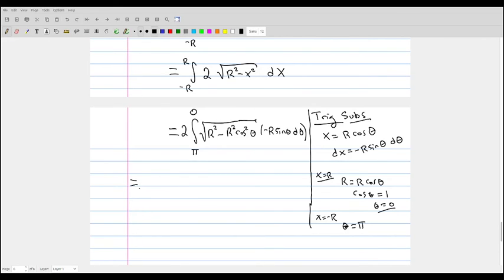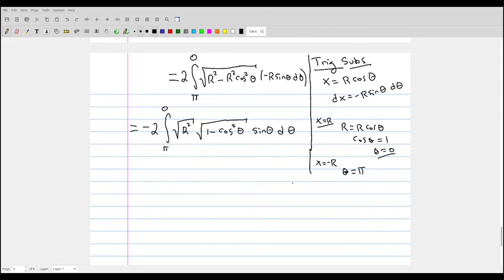That's going to be a negative sign, it's negative 2 times the integral from pi to 0 of the square root of r squared times the square root of 1 minus cosine squared of theta times sine of theta d theta times r, because there's an r right here as well. So the square root of r squared is just equal to r.